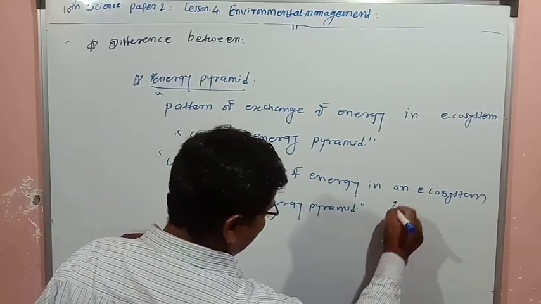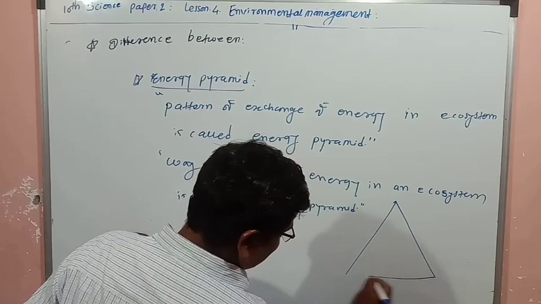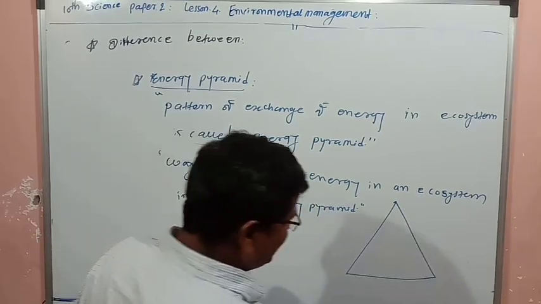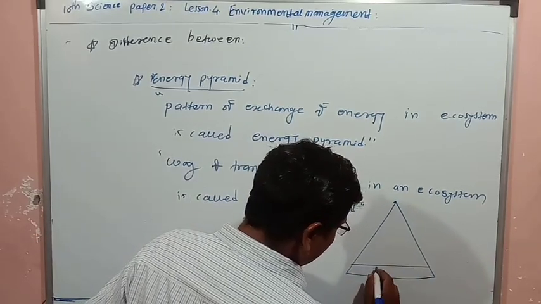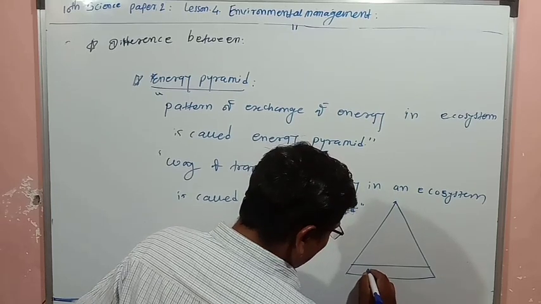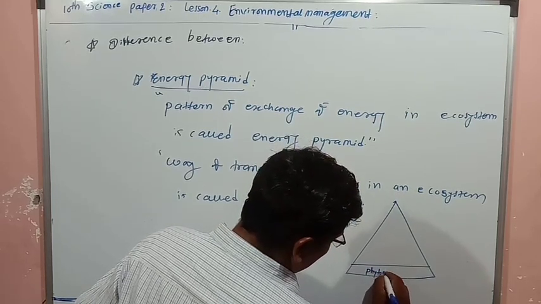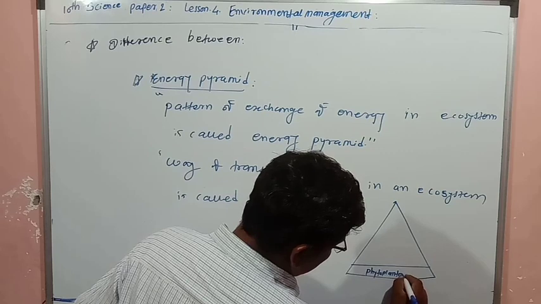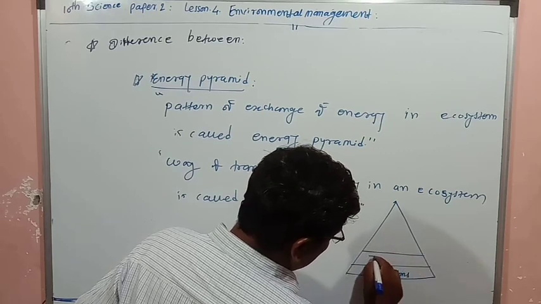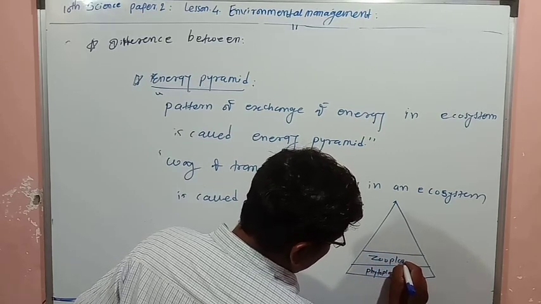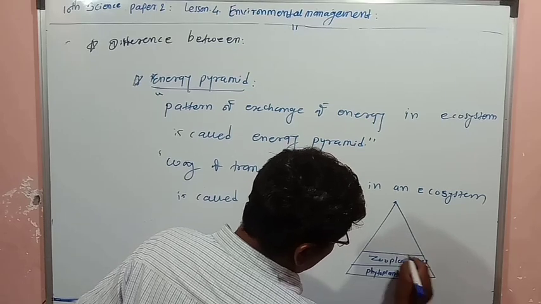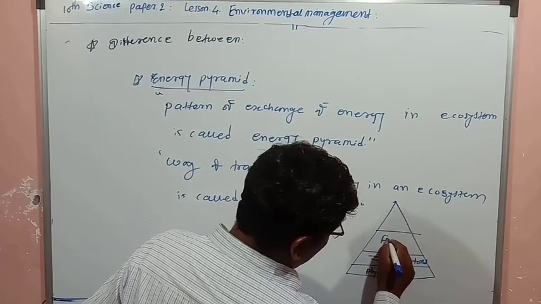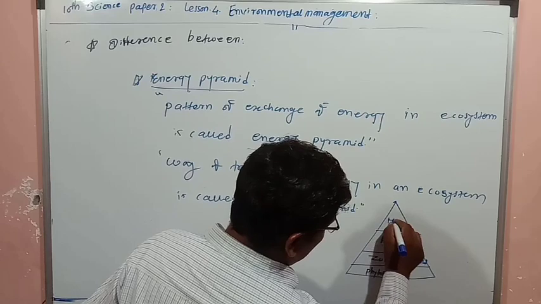So energy pyramid is like this. Suppose here phytoplanktons are there. Here are zooplanktons. Then here fish is there, and here human is there.